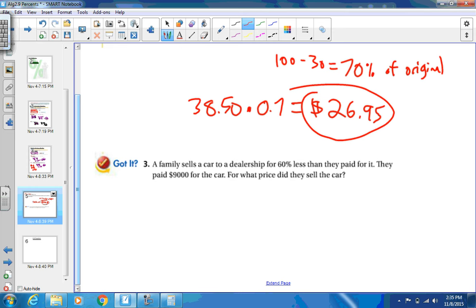It says a family sells a car to a dealership for 60% less than they paid for it. So if they paid 9,000, that would be your 100%. 60% less than that would be 40%. So 100 minus 60%, because it's 60% less than 100% of it. So it'd be 40% of the original.